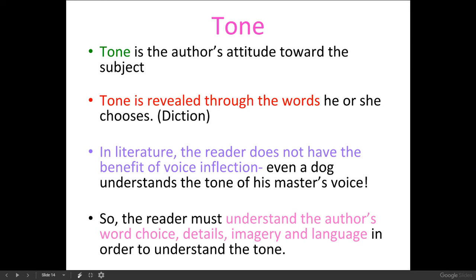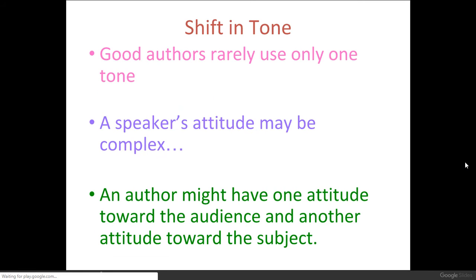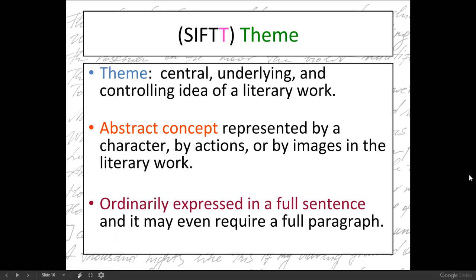So the reader must understand the author's word choice, details, imagery, and language in order to understand the tone. Sometimes you will see a shift in tone. The author might have one attitude towards the audience, but yet another attitude towards the subject. Or in a poem, there might be a shift from evil to good or from sadness to happiness. So you might see some shifts.